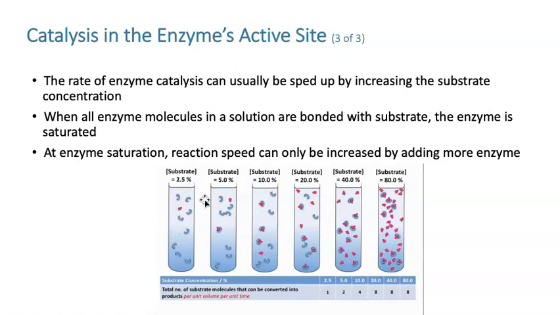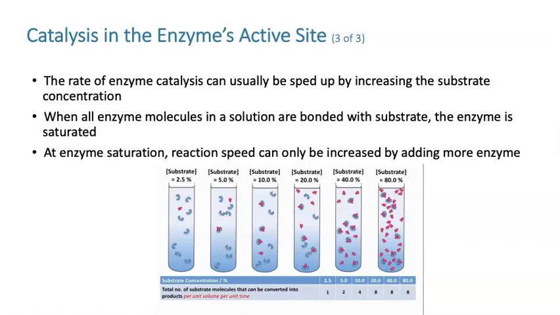As you increase the substrate concentration, you're increasing the rate at which the chemical reactions form. As you add more and more substrate, it seems like it would just go faster and faster. But when all the enzyme molecules are bonded with the substrate, we say that the enzyme is saturated.